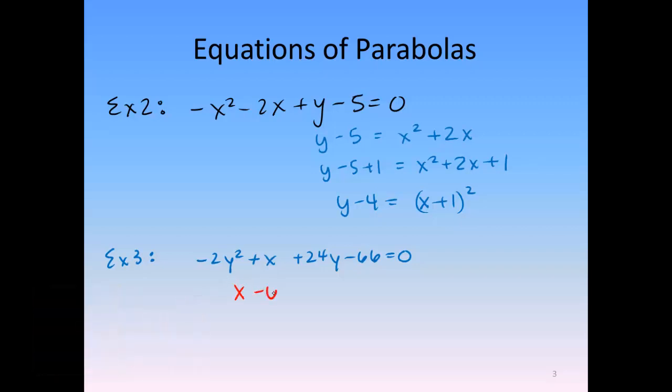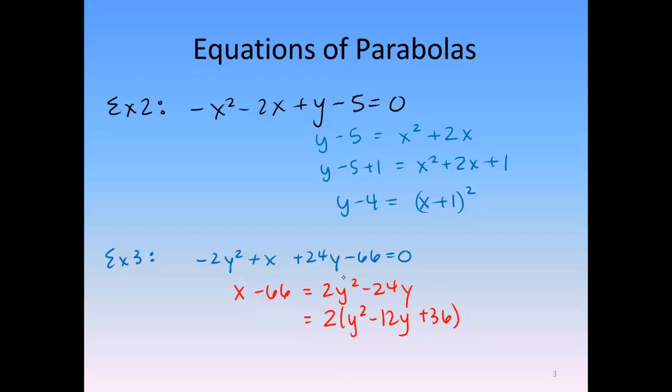All right, so x minus 66 is going to stay, and then the 2y squared minus 24y is going to go to that side. I'm going to factor out the 2 that's in front of my y squared because I need to be able to complete the square. So I will factor out the 2, giving me y squared minus 12y. And half of that squared is going to be 36. But remember, on the other side, I'm not just adding 36, I'm actually adding 72.